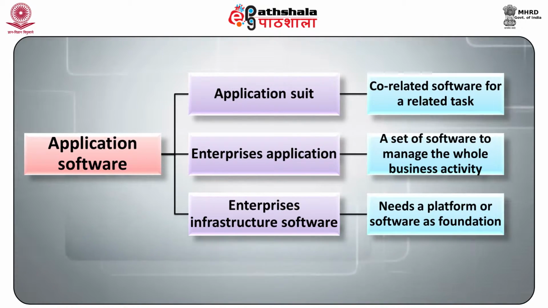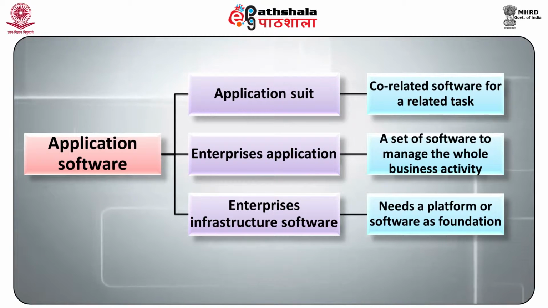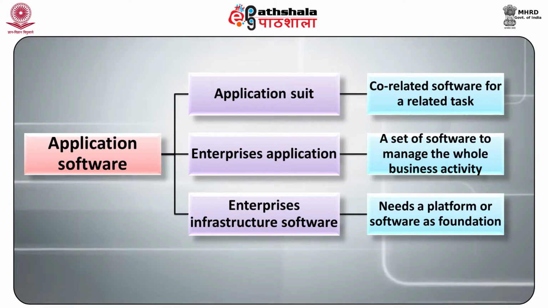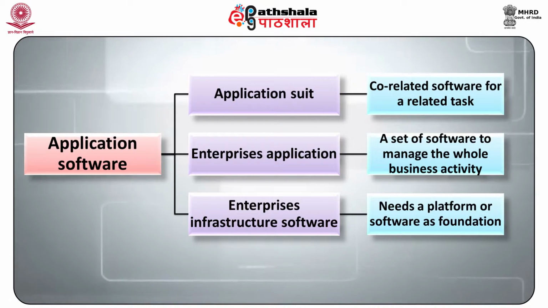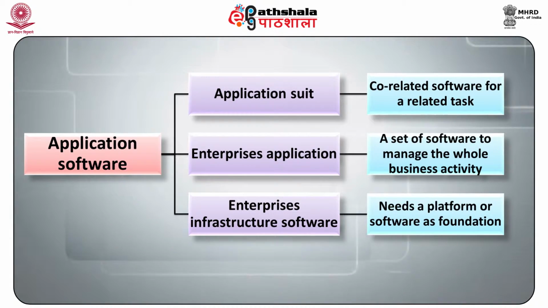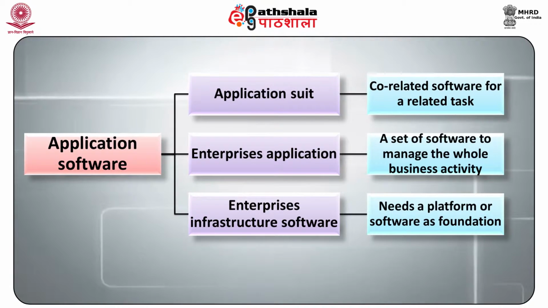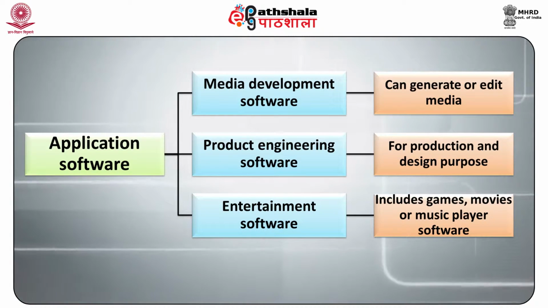It includes a set of software to manage the whole business activity. Third, enterprise infrastructure software. Software needs a platform or a software as a foundation. For example, if you want to implement business management software, then you must implement database, mail server, so they come under this category. Fourth, media development software.